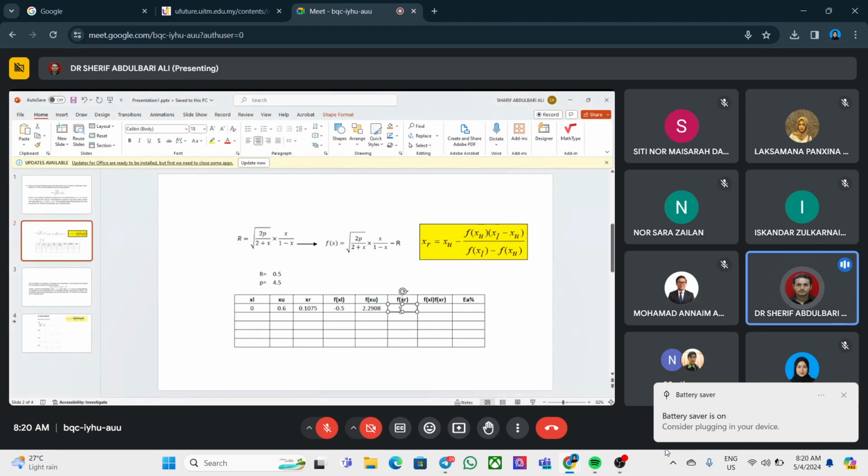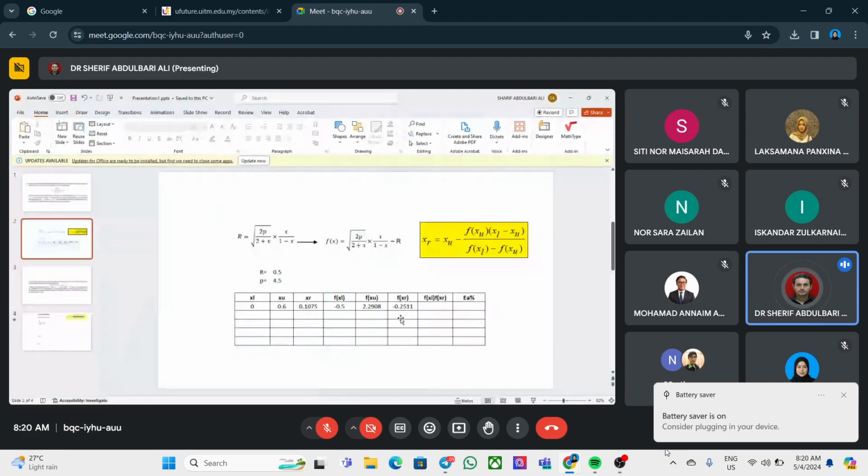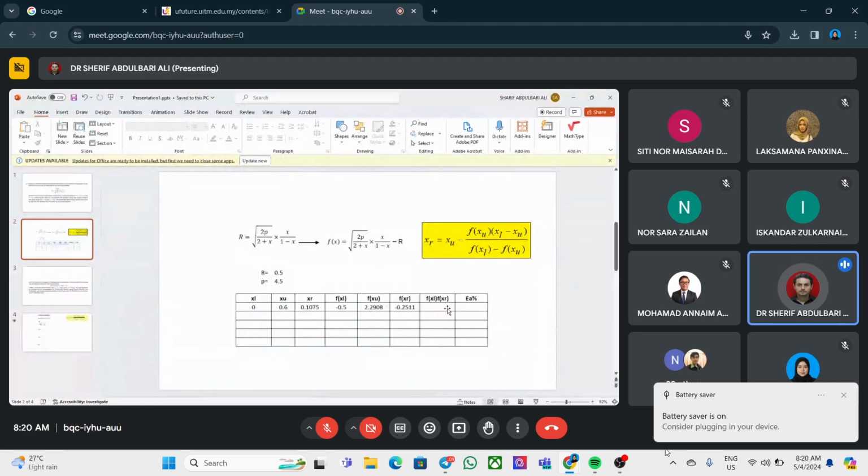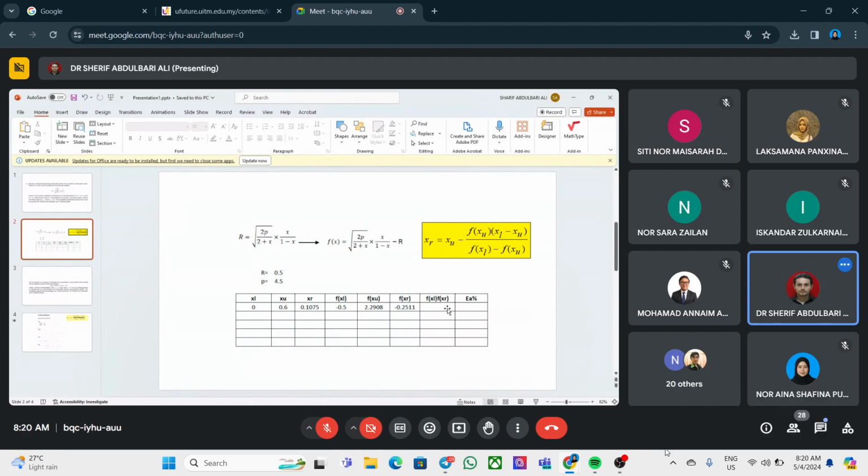Okay, so now we are trying the value of the function of xr. So now you get the answer here. Remember that when you are going to narrow your search, or bracket or find the root, you need to find the function of x lower times the function of xr.